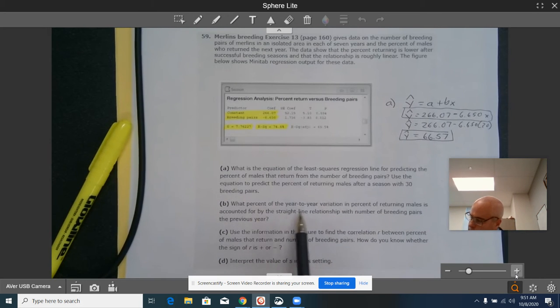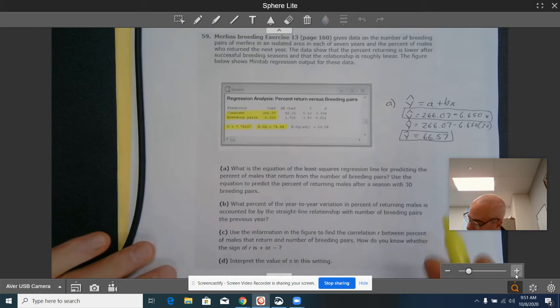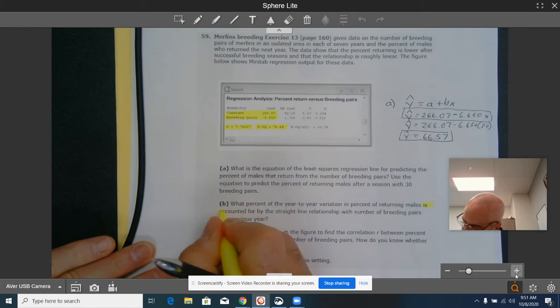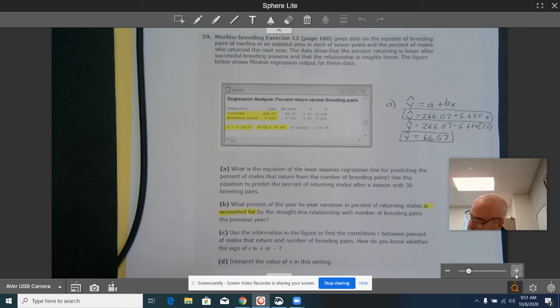It says, what percent of the year-to-year variation in percent of returning males is accounted for by the straight line relationship with the number of breeding pairs the previous year? Is accounted for, can be explained by. Those are key phrases for the coefficient of determination, r squared.